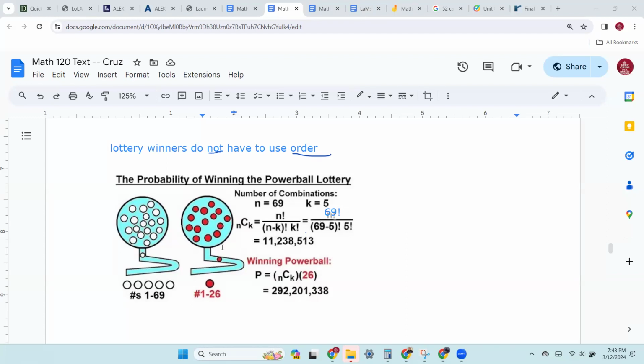And then down at the bottom, it's 69 minus 5, which is 64 factorial. And then we're just using the calculator to do it.